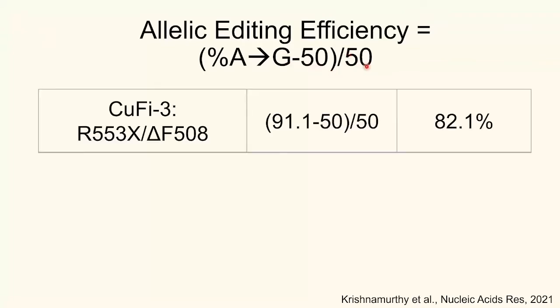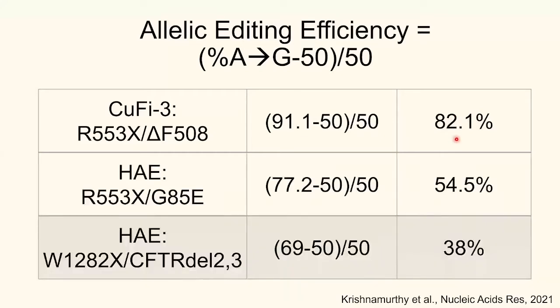For example, in the CUFI3 cell line, the percent A to G conversion was 91.1%. And so we subtracted it from 50 and then divided it by 50 to get the efficiency of the base editor on the allele with the R553X mutation. The same was done for the primary R553X and the W1282X human airway epithelial cells, and we see 54.5% and 38% allelic editing efficiency, respectively.